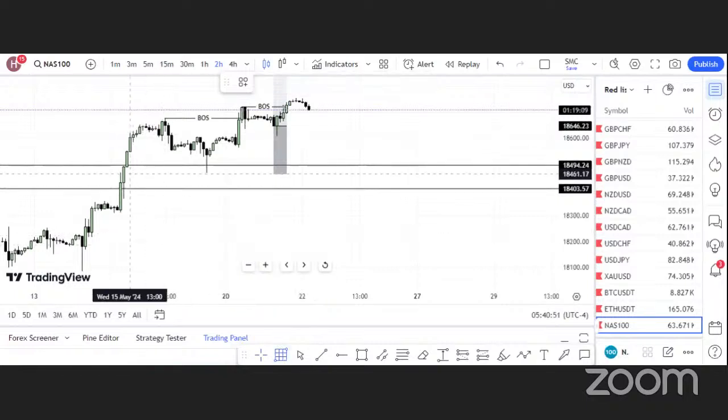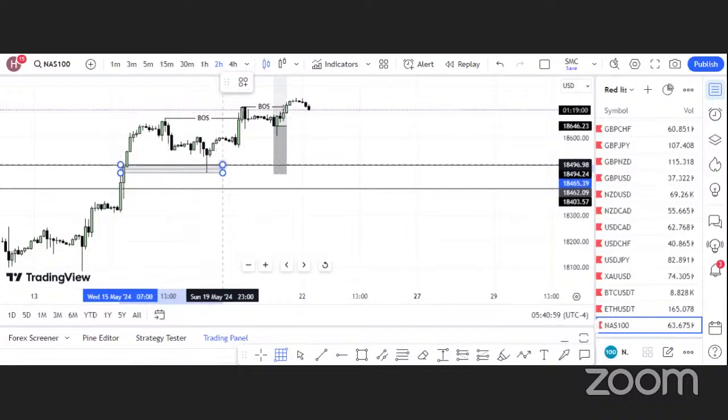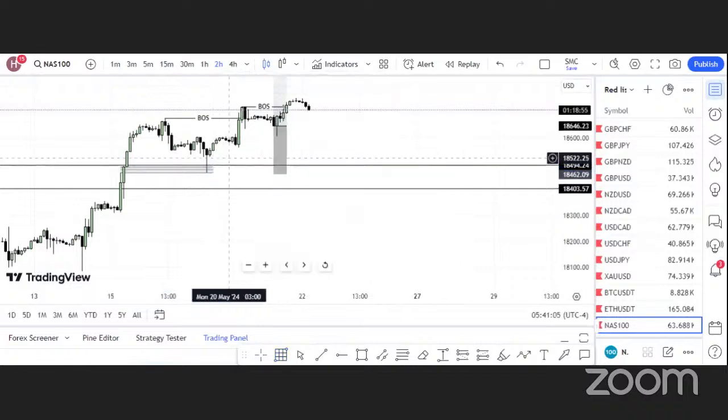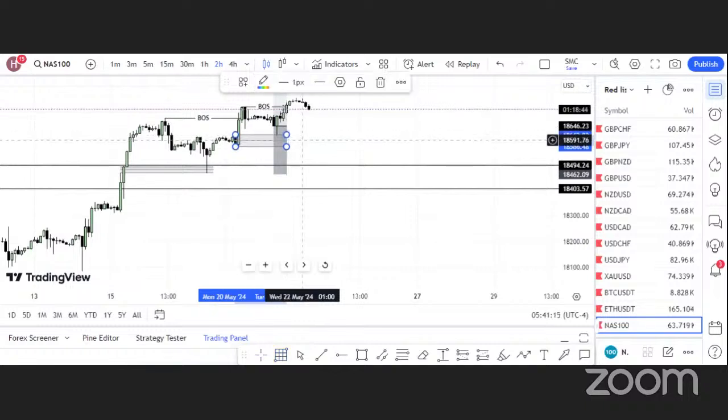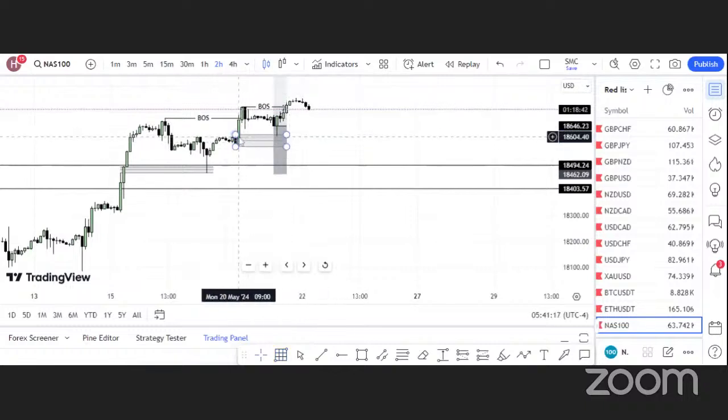So we have this first one that happened here. You see how the market came back to this level, retested the level, and then traded to the upside, right? So here we also have the market.